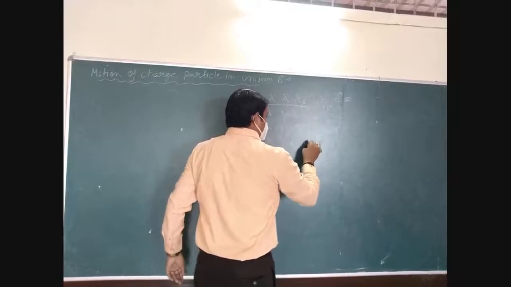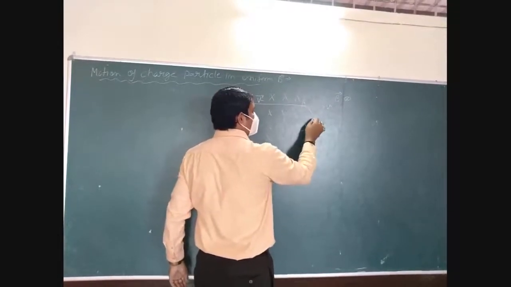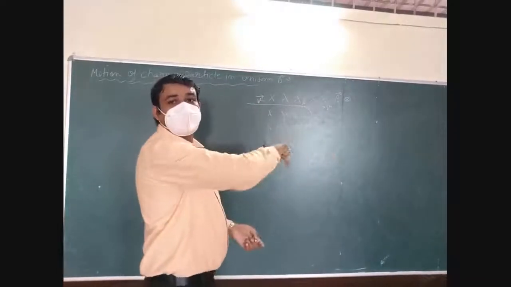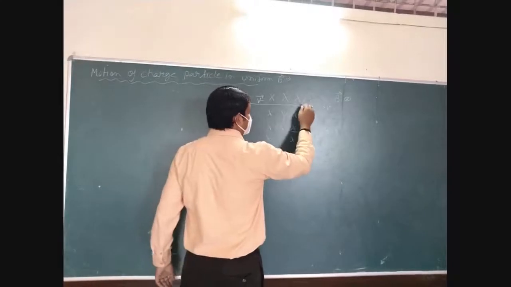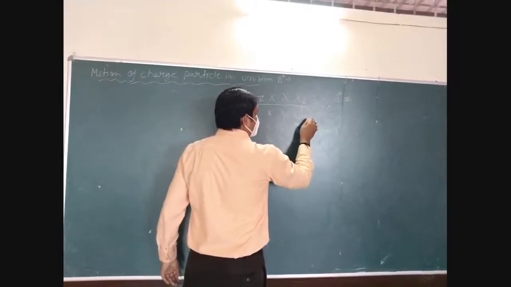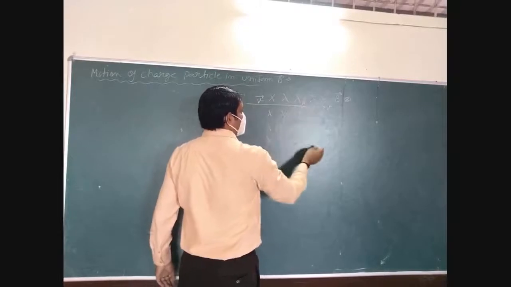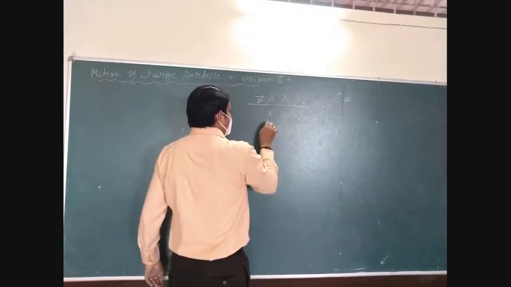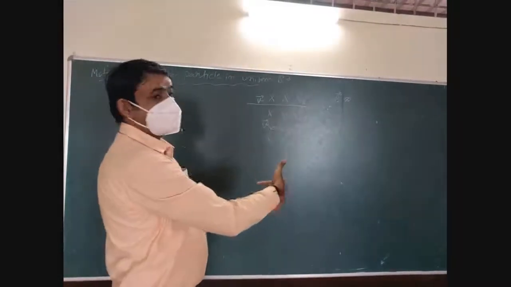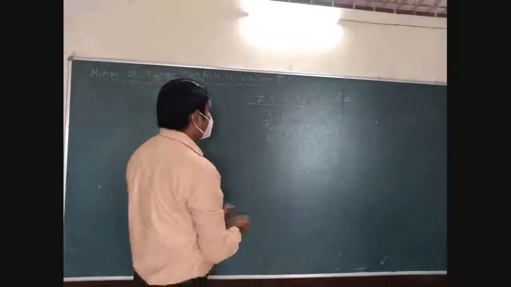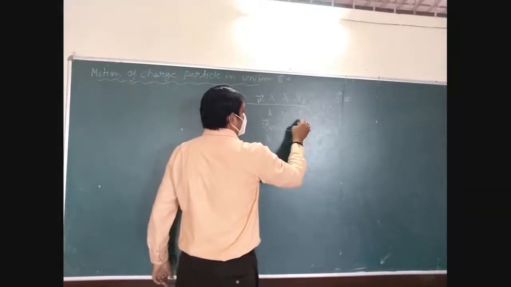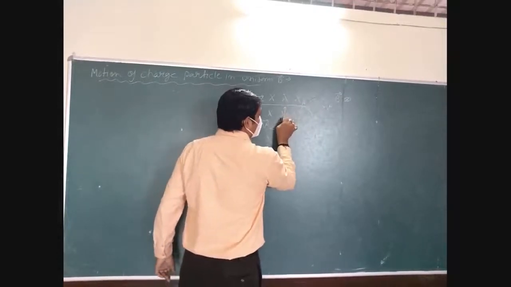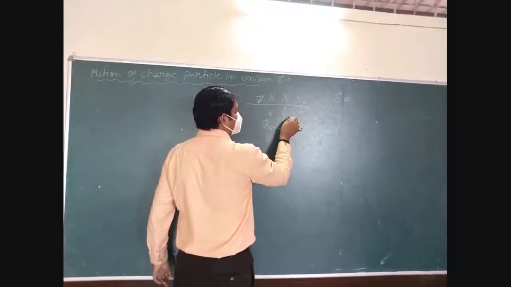When we draw the tangent at B, we get the force on the particle towards the left, and when we draw the tangent at C, we find the force acting on the particle is in the upward direction, and at point D it is towards the right.